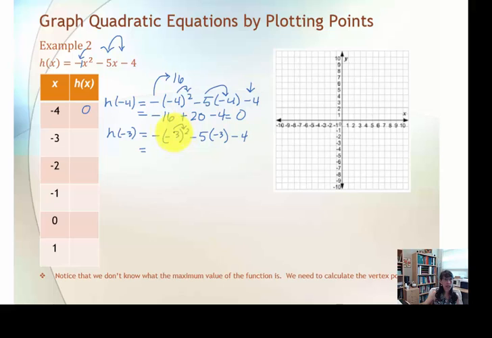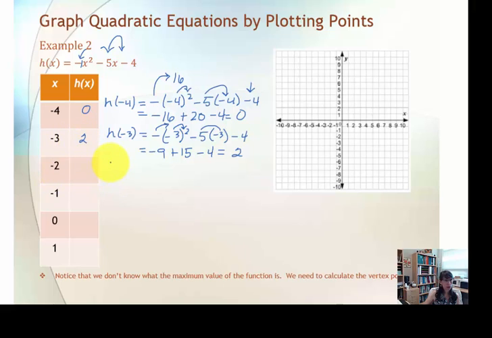Quantity of -3 squared makes 9. Negative times 9 would be -9. Minus 5 times -3 is plus 15, and then subtract 4. -9 plus 15 is going to give us 6, and 6 minus 4 gives us 2. (-3, 2) is another ordered pair.